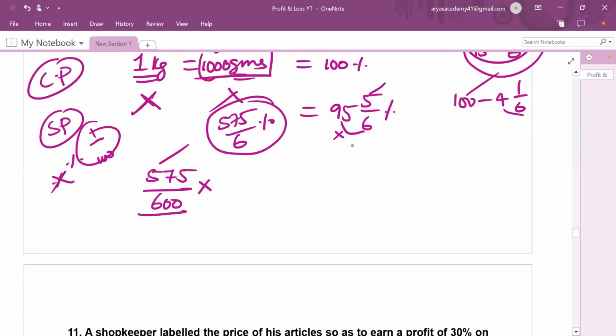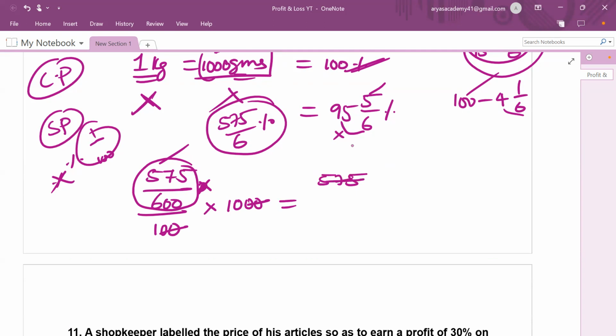This is the required value, a single value. And what is the known value? The known value is 100, which should be written in the denominator. And the value of that 100% is actually 1000 grams. So these two zeros and these two zeros cancel, and finally the calculation will be like this.